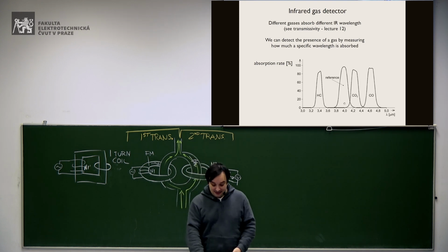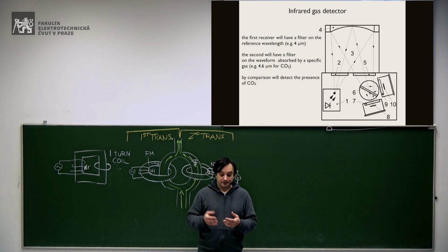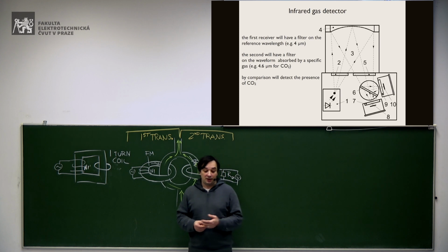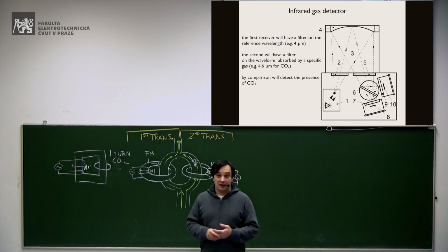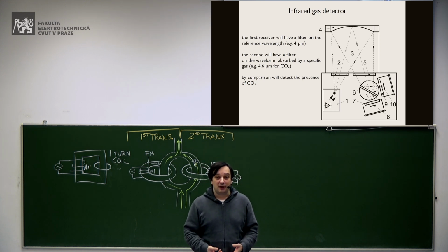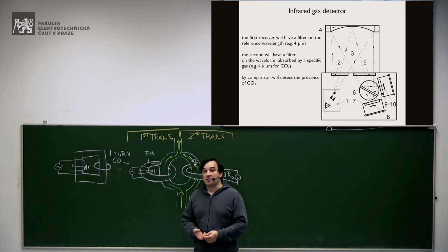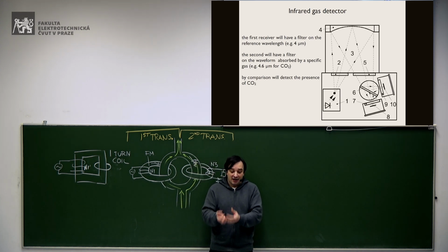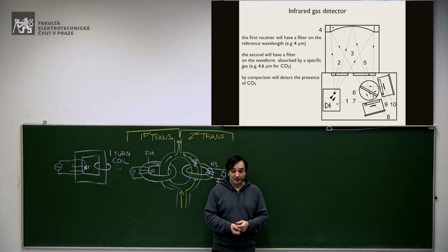So, if you watch here the response of these two detectors, you will find out that the detector which measures the amount of radiation at 4.6 micrometers wavelength will have a response which drops down if you have carbon monoxide inside the chamber, because that is telling us that the radiation doesn't arrive to the detector because it is absorbed by the carbon monoxide inside the chamber, okay?